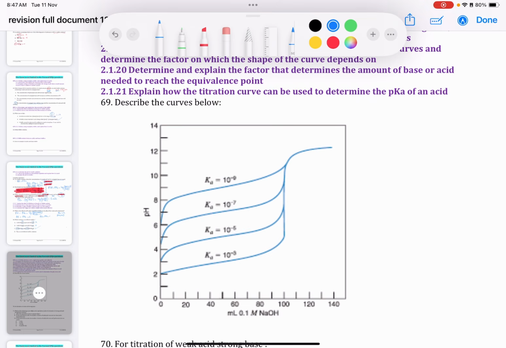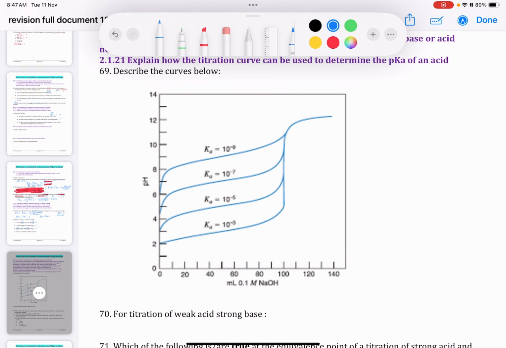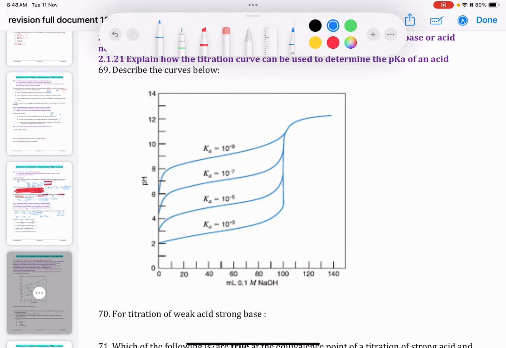Moving on. Describe the curves below. I see in this graph several titrations of acids with strong base. That's what I see. Now, for the first one, I'm first going to locate the 7.